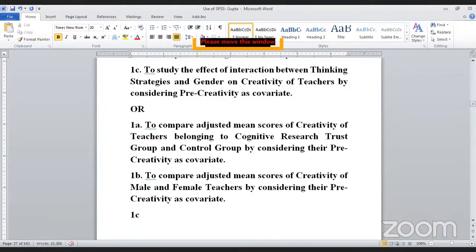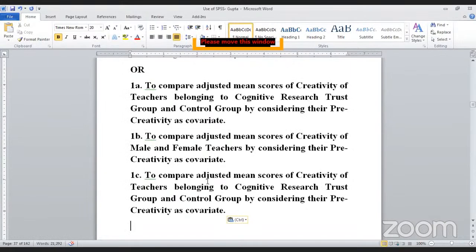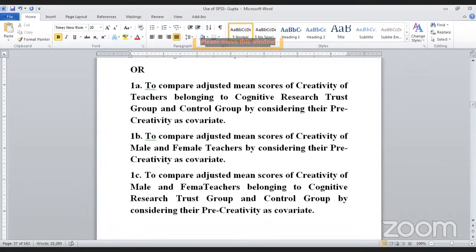Then 1C will be to compare adjusted mean scores of creativity of male and female teachers belonging to cognitive research trust group and control group by considering their pre-creativity as covariates. So this is how you have to write the objectives by using the adjusted mean.